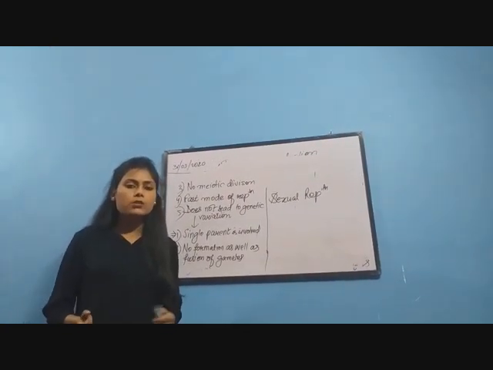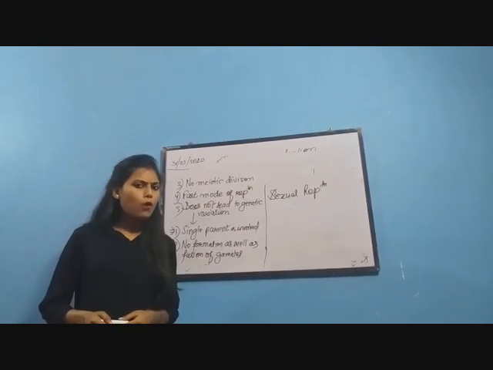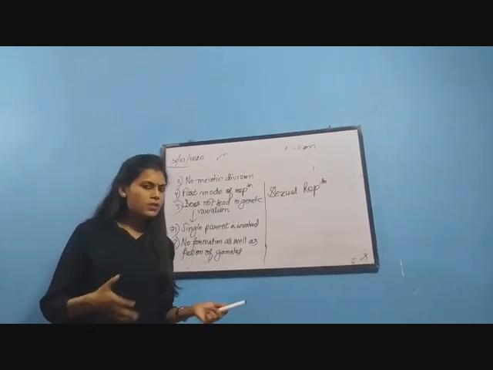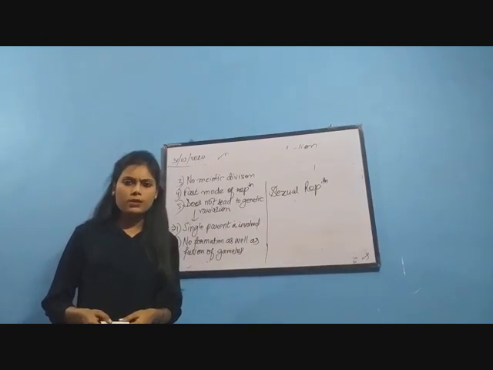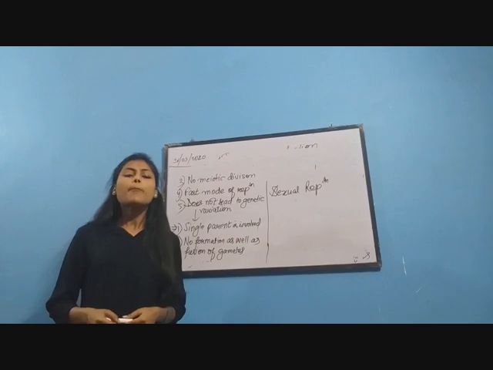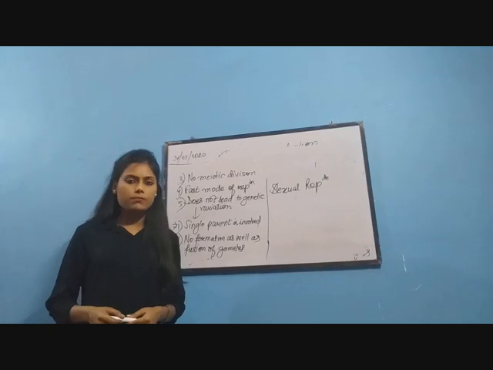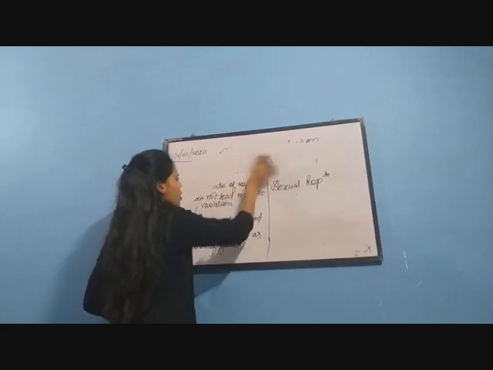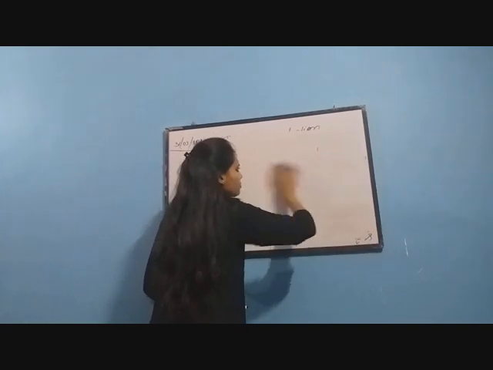So now quickly let us look into the types of asexual reproduction. I hope we all know, because in previous classes we have been learning what the different types of asexual reproduction are. Here we will discuss fission, budding, sporulation and fragmentation.